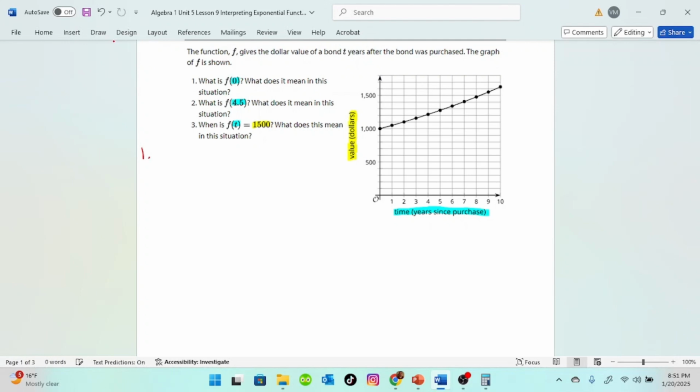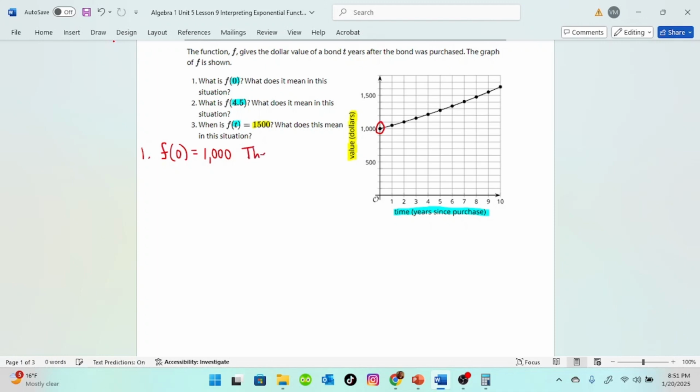So for number 1, we have f of 0. So we are saying the time is 0. If we go to x is 0 and go up, we find the vertical intercept right here. So f of 0 equals 1,000. As far as what it means, the vertical intercept is referring to the initial amount.